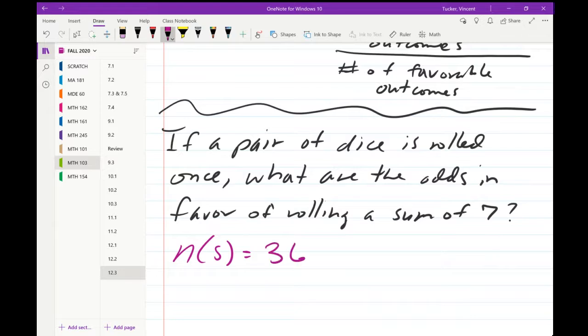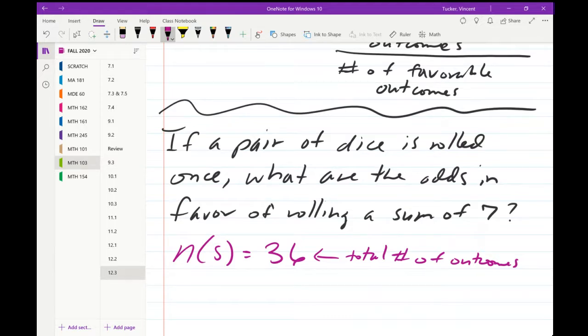So we already know from dealing with dice before that the sample space, total number of outcomes, is 36. All right.